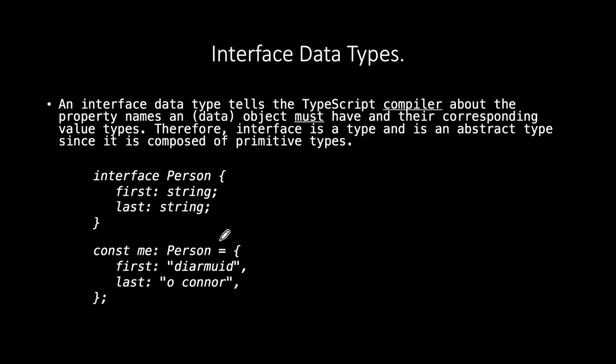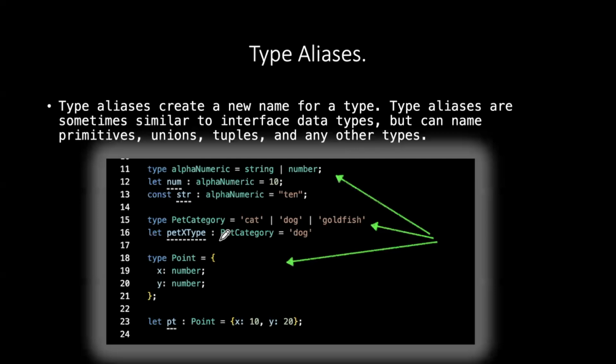You can be specific about what properties a data object must have, and it's a must, as in the compiler will complain if you're missing certain properties from an object, if you have declared that the object is of a certain type. And also you cannot add additional properties to an object of a particular interface data type.